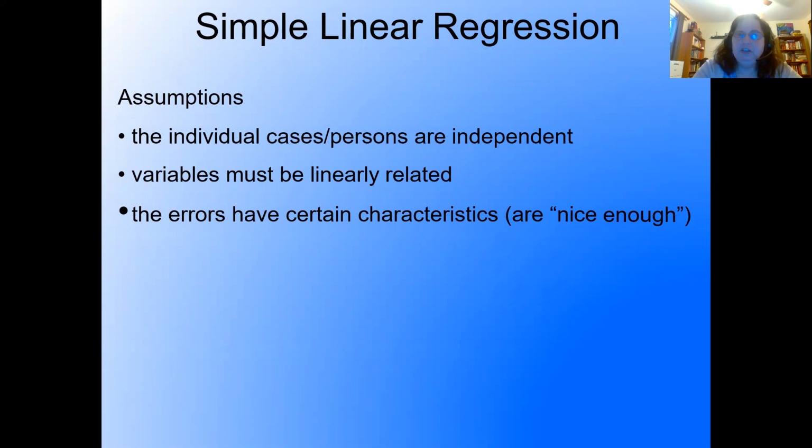Remember, the relationship has to be along a line. Now, the truth is there are a lot more assumptions for simple linear regression, and they all relate to the errors. But I'd rather not burden you with going into all of that. If you're interested, contact me. We can talk about it. But I'm just going to say the errors have certain characteristics that make them nice enough.